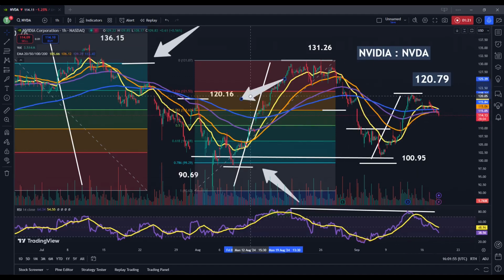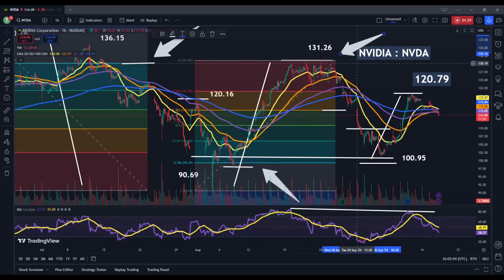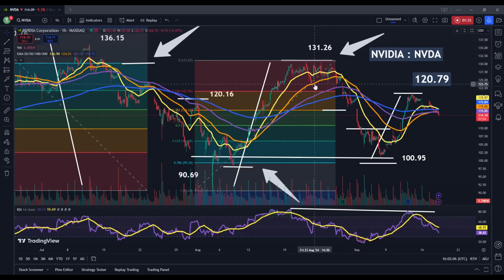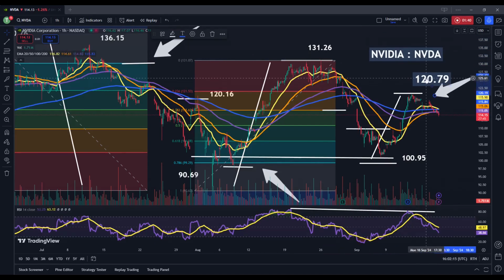We're talking about this prior high at 120.16, which was developed during the August 1st trading session, and then these near-term highs, which posted at 131.26. This would have been printed on the August 26th trading session. And then more recently, we have a near-term price high, which was generated just below 120.80.